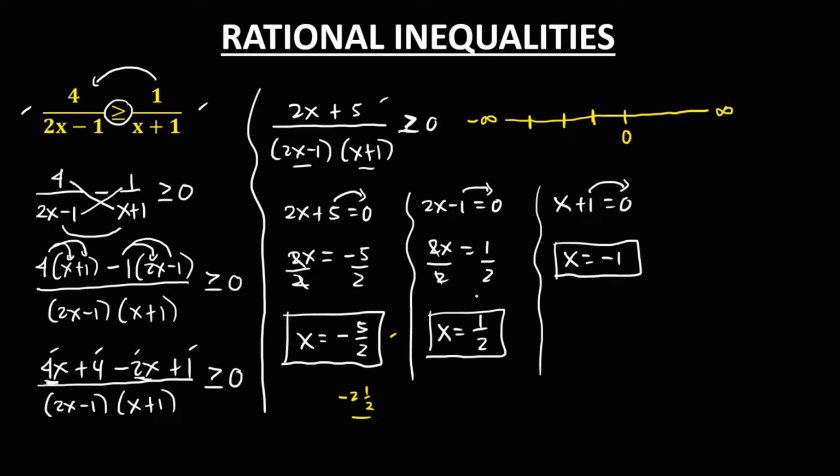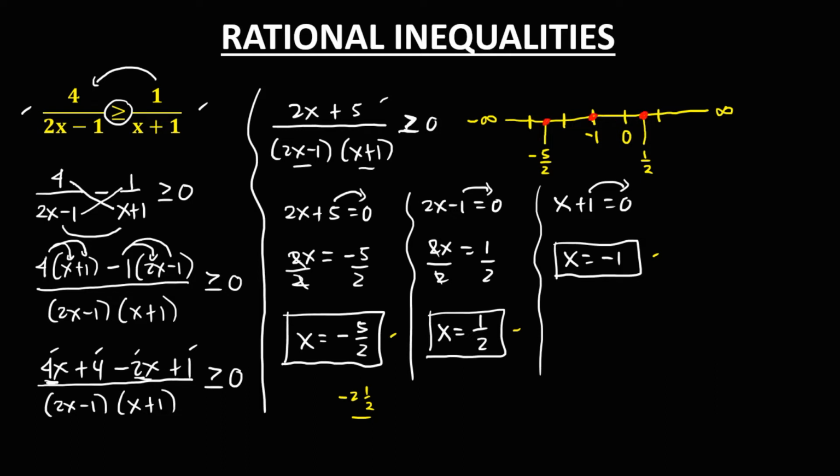So for this negative 2 and 1 half, this point, that's negative 5 over 2. Then for x equals positive 1 half, this is positive 1, so this point is positive 1 half. Then for x equals negative 1, this is negative 1. So these are the critical values.